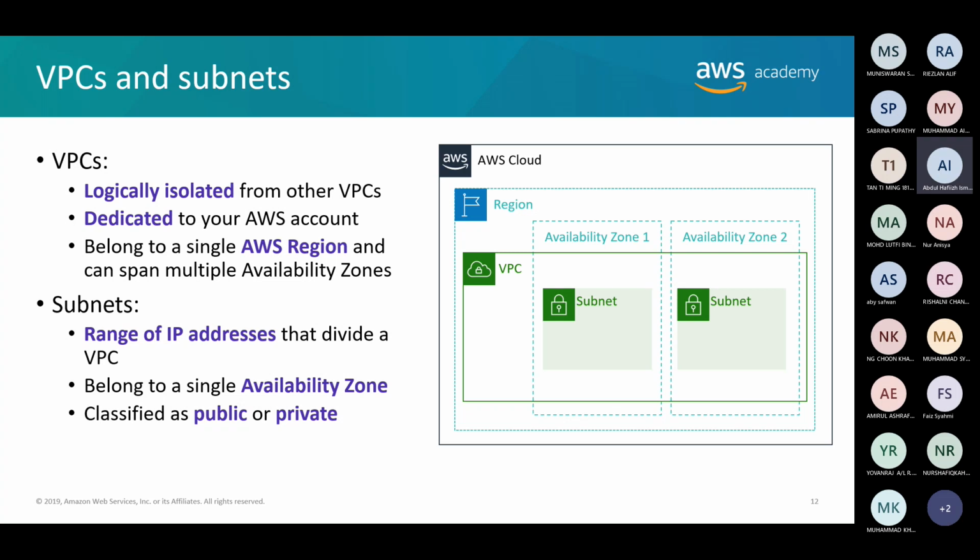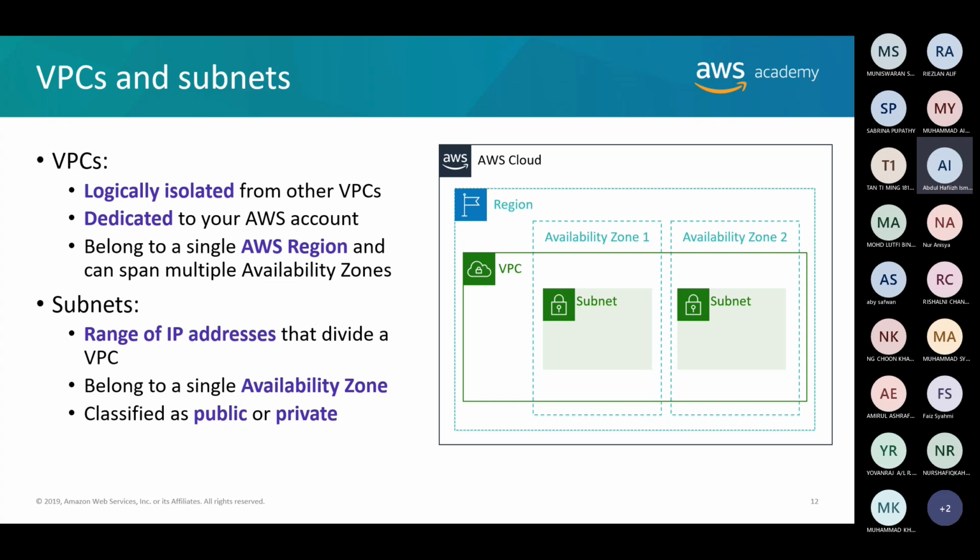So you can create subnets in different availability zones for high availability. Subnets are generally classified as public or private. Public subnets have direct access to the internet, but private subnets do not. Untuk private selalunya kita manage internally, macam 192.168, itu semua private IP address.